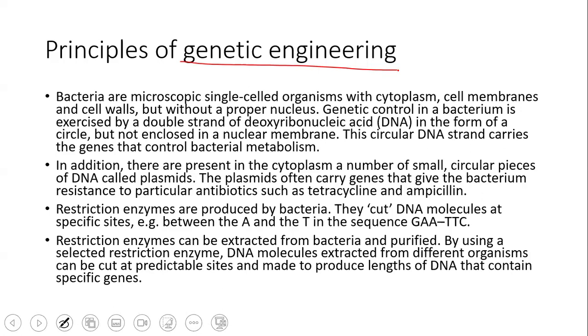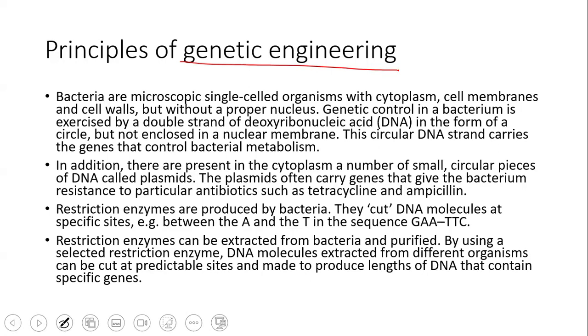Okay, so how do we actually go about it? We will use the example of insulin to understand it. First of all, we often use bacteria for genetic engineering. Why bacteria? Why am I putting the gene in bacteria and not in a virus, or a fungus, or some animal? There are multiple reasons why we choose bacteria.